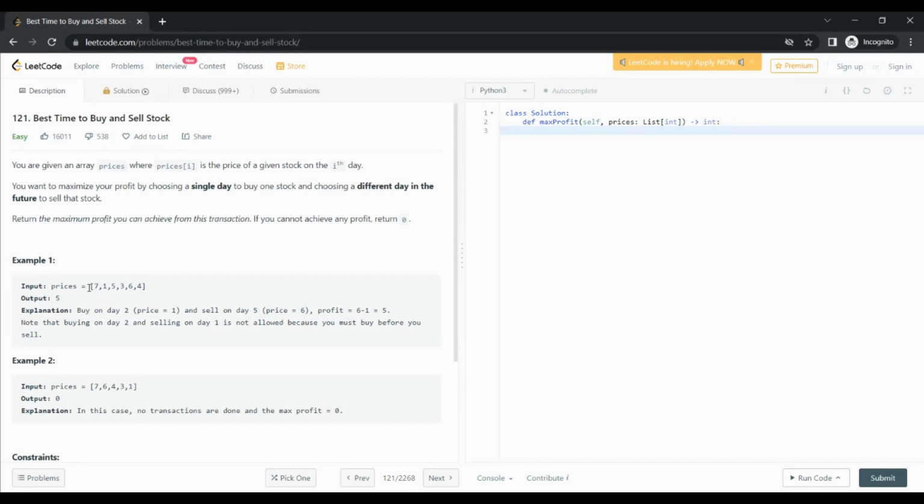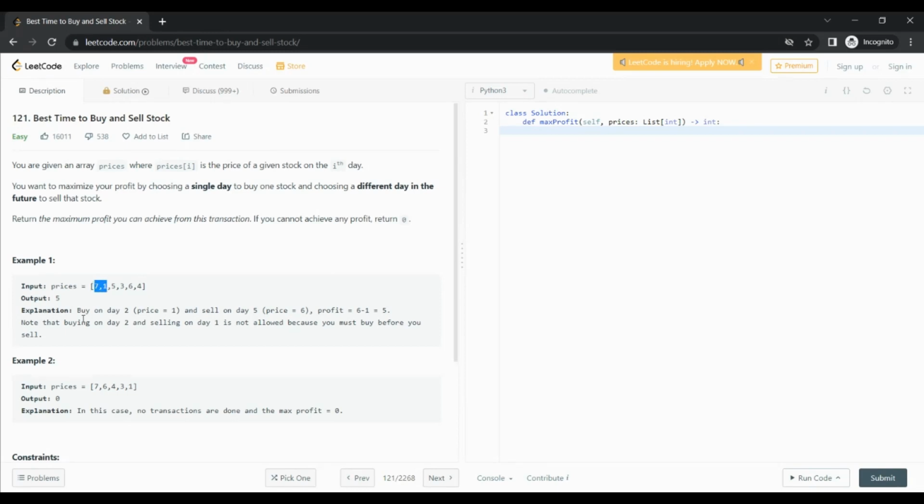So let's start the iteration. We have 7 here. Now, with only the information that we have here, we just have the stock price, which is 7. With this information, we have no other choice, so we buy it at 7. Moving on, we see 1.